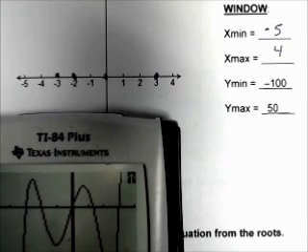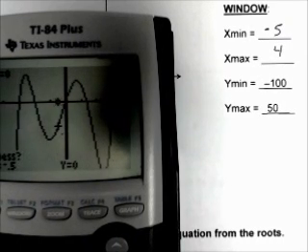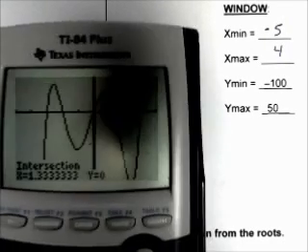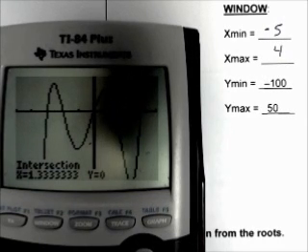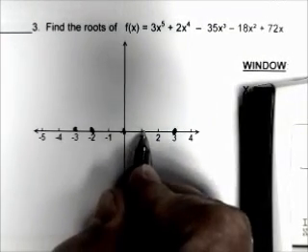So second, trace, number 5. First curve, enter. Second curve, enter. And now let's move closer to the point of intersection we're looking for, right there. That's 1.3 repeating, or 1 1/3.